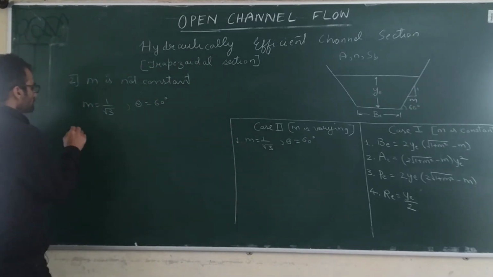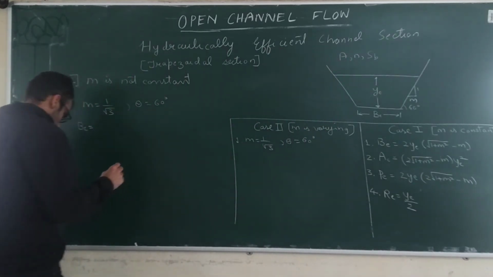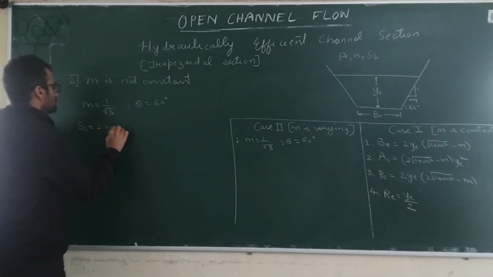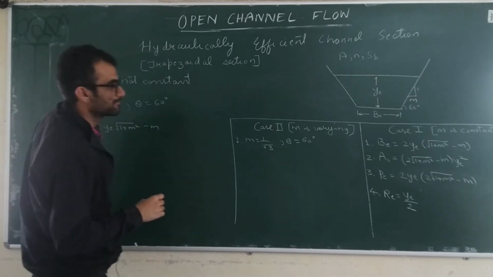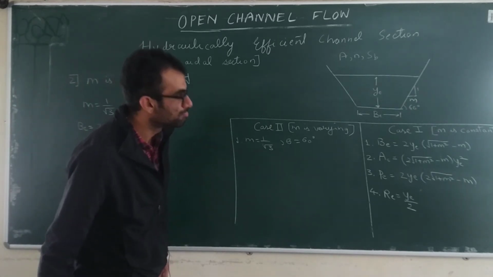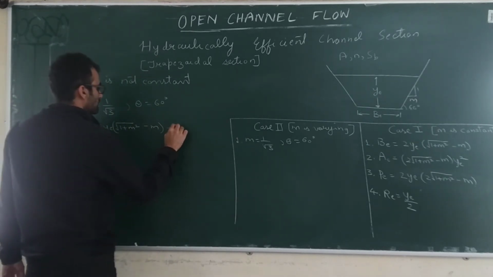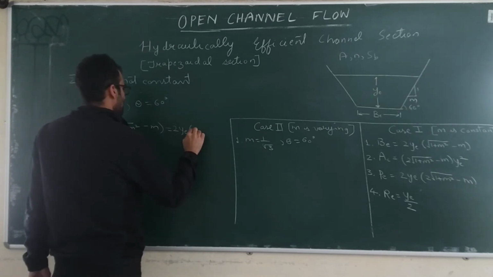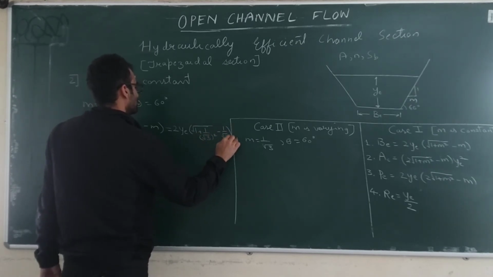Your base width b is twice ye under root 1 plus m square minus m. This is your BE. Just put the values now. This will be equal to twice YE under root 1 plus 1 by root 3 square minus 1 by root 3. Let's calculate this.